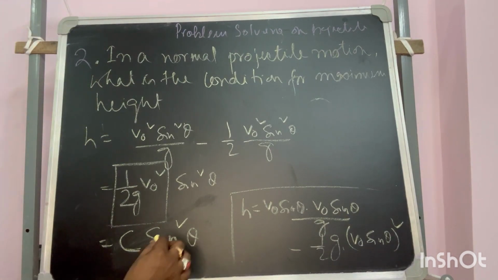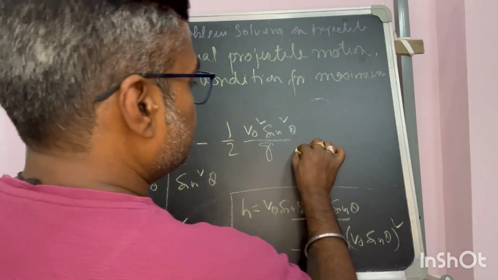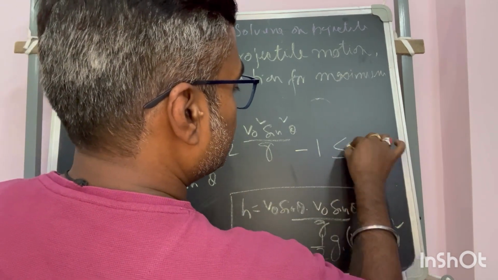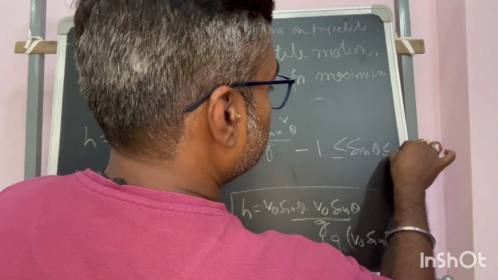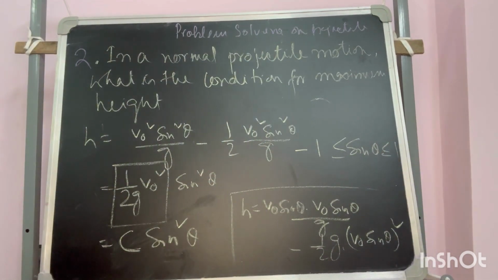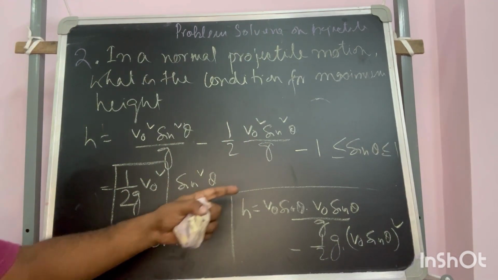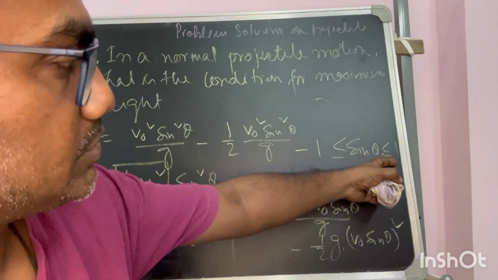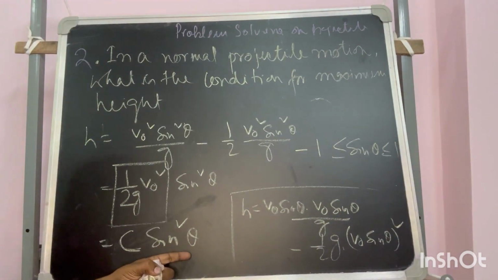So whether it is sine theta or sine square theta, the maximum value of sine will be what? Sine theta will be 1. It ranges between -1 and 1, so whether we take -1 or +1, sine theta becomes maximum 1.